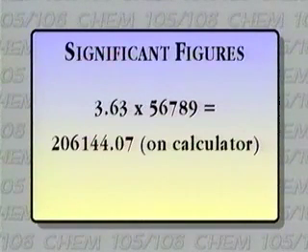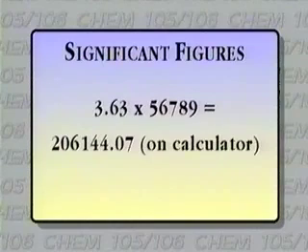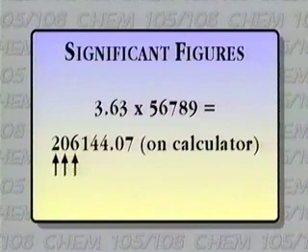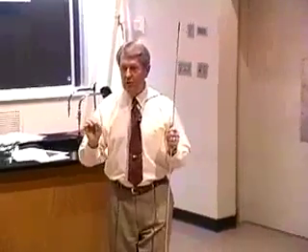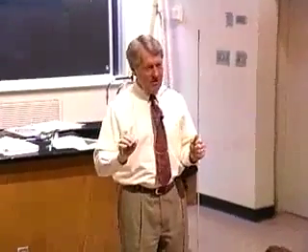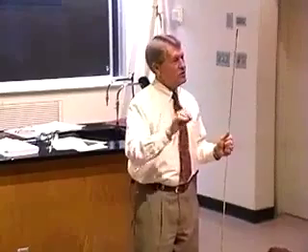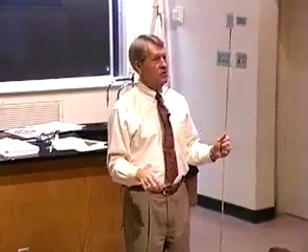That is not a correct answer, because what that's implying is that if we look at the number of significant figures in our answer, we're showing an accuracy of 1, 2, 3, 4, 5, 6, 7, 8. We have 8 significant figures in our answer, which would imply that the numbers that we used to get the answer had an accuracy of 8 significant figures each.